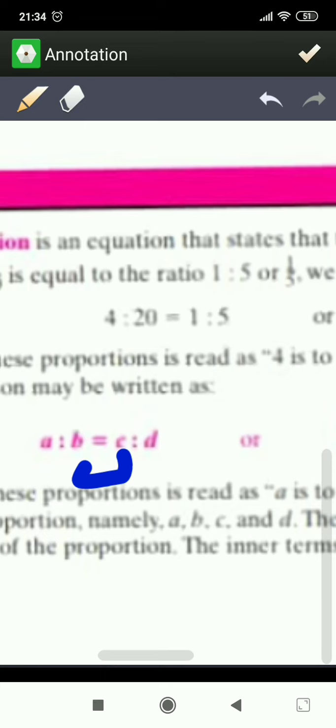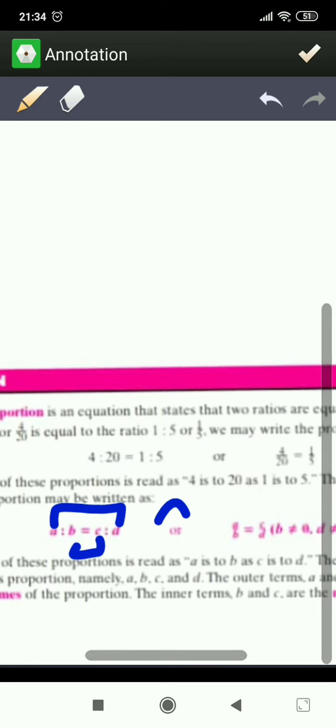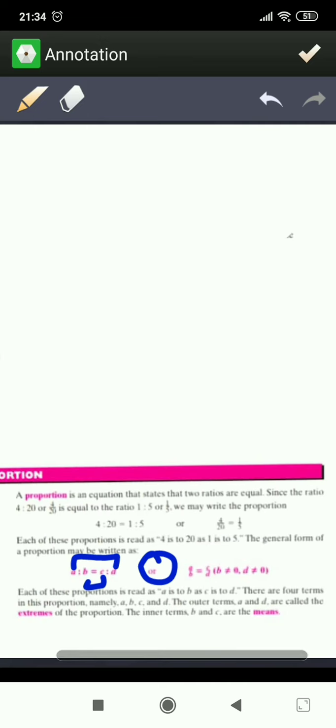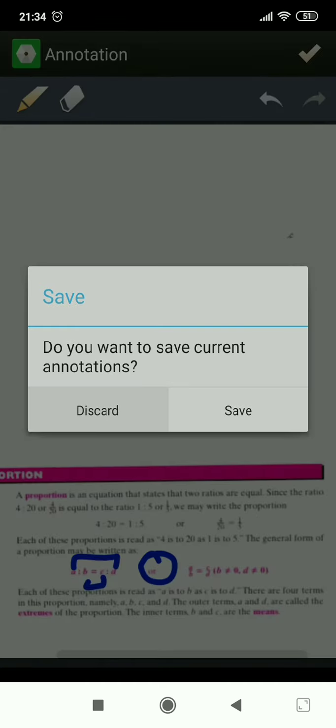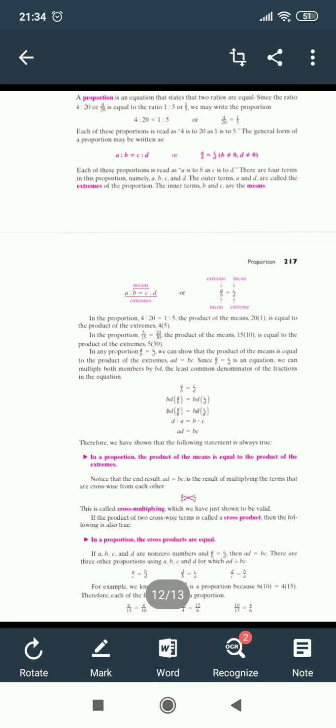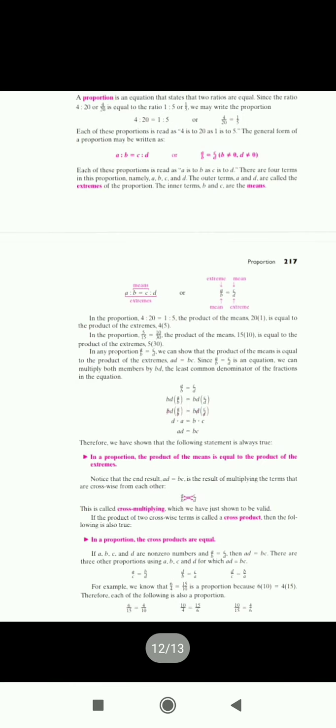Here B and C are called means, A and D are called extremes. A proportion is an equation that states the two ratios are equal. Before we have discussed it already.